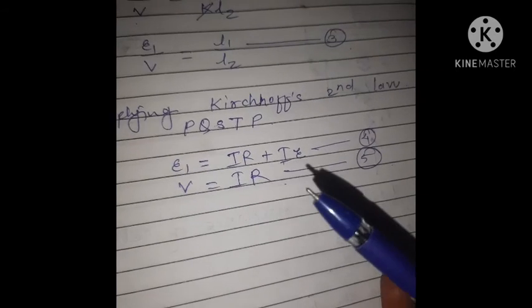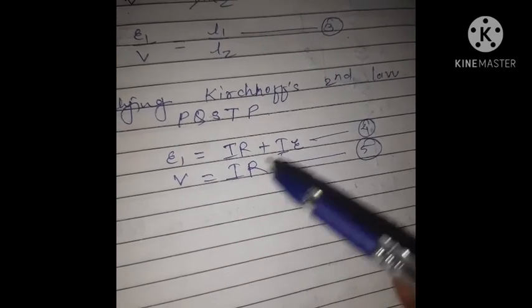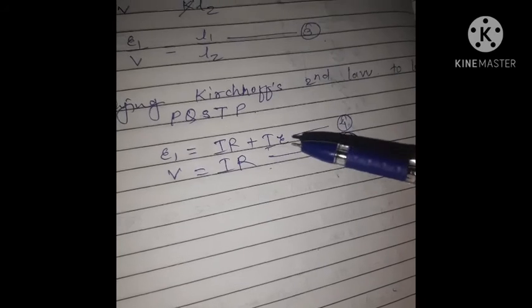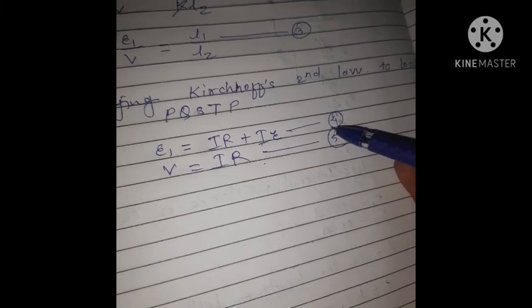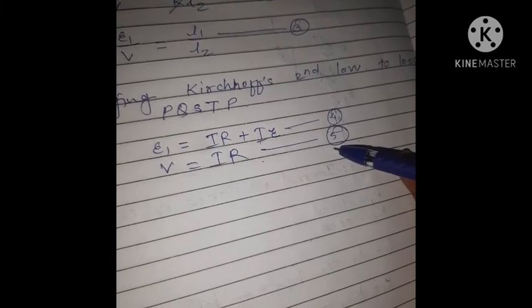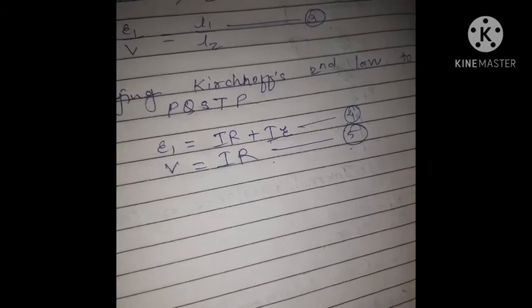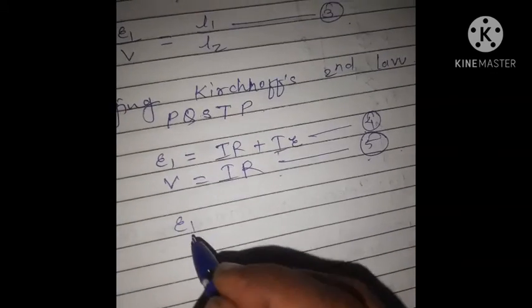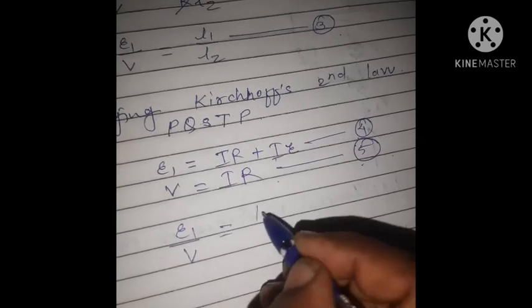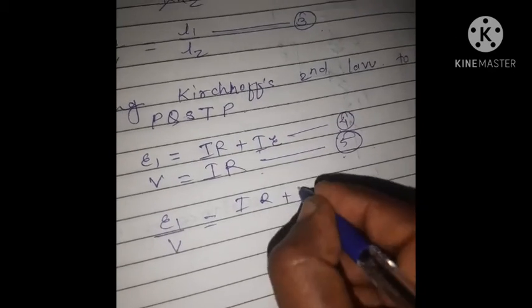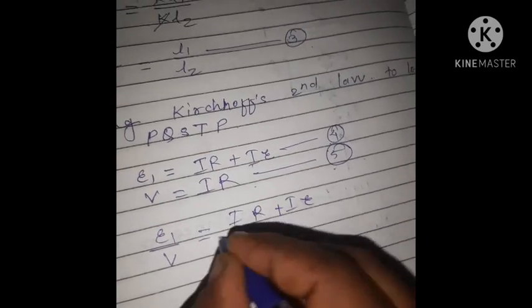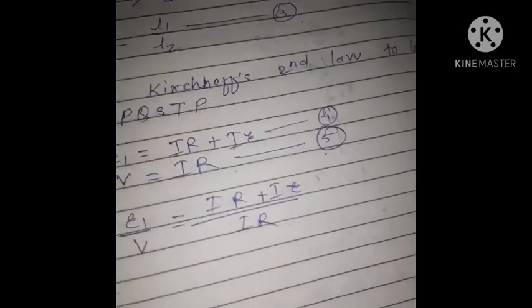Now dividing equation 4 by equation 5, we get E1 by V is equal to IR plus I small r divided by IR.